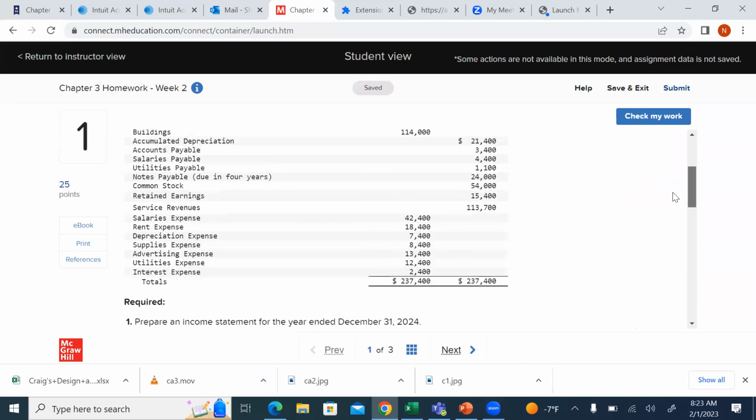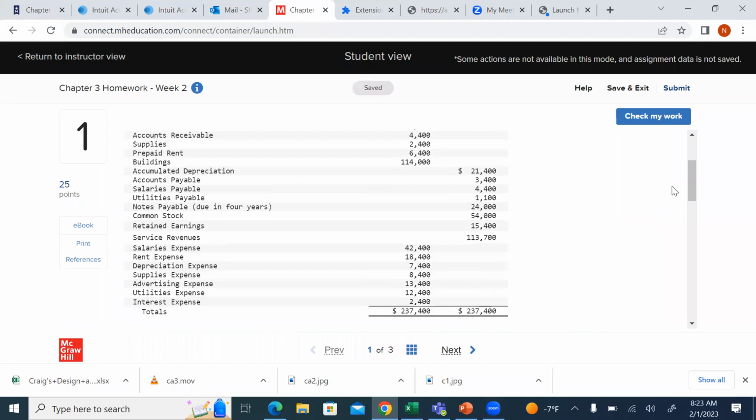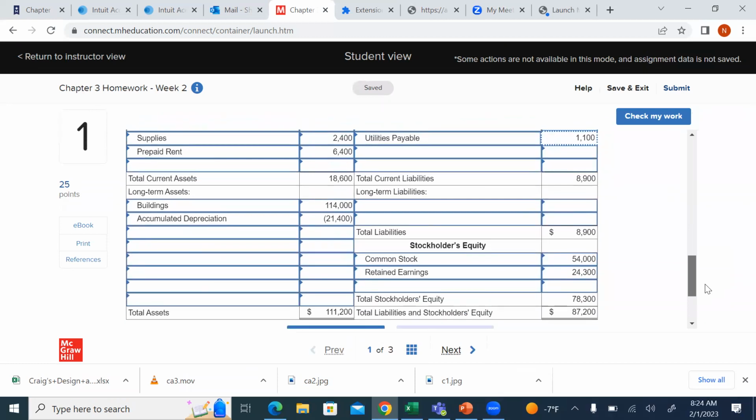Then it tells us here, the notes payable is due in 4 years. Since that liability does not need to be satisfied in the current period, it's a long-term liability. So that notes payable of 24,000 is going to be a long-term liability.